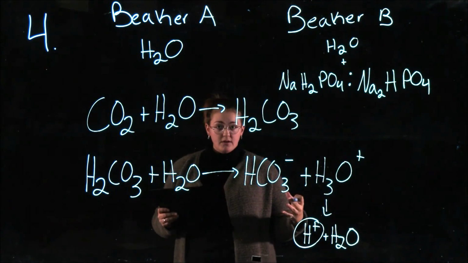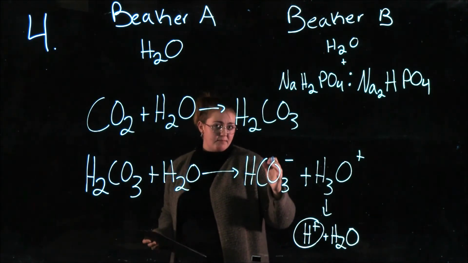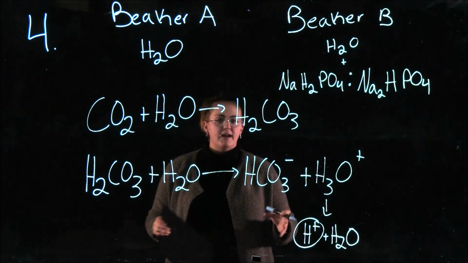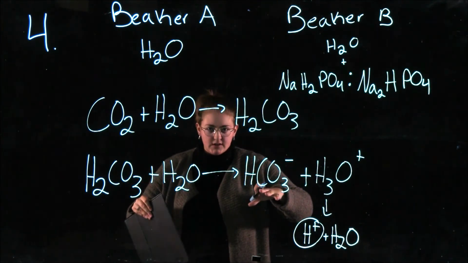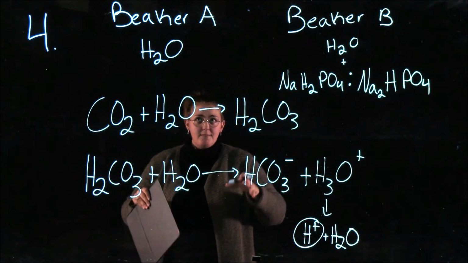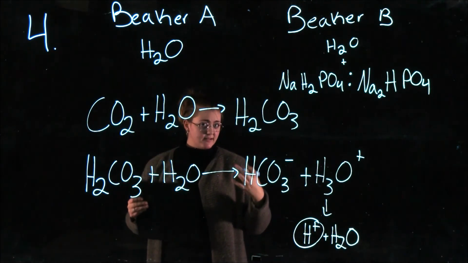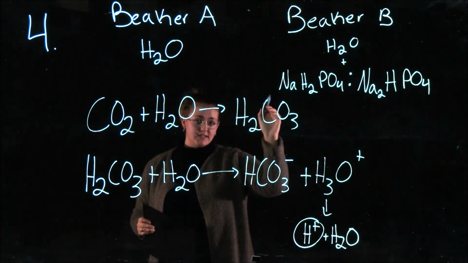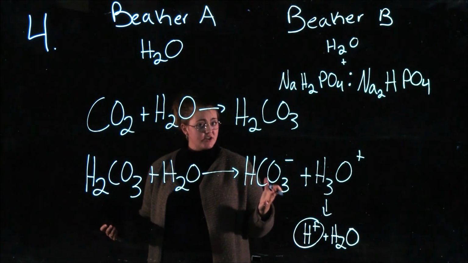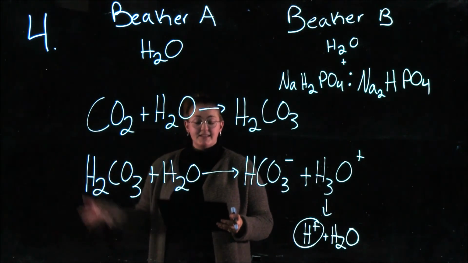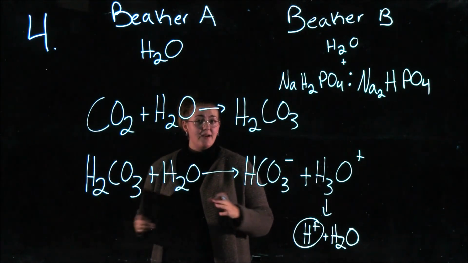And if so, how much different is that pH going to be? How many more protons are you going to see in solution, or how many more protons are going to be taken out of solution in beaker A versus beaker B? And that's how you answer question 4. And that is this Buffers lab explained, and I hope that helped. Thank you.